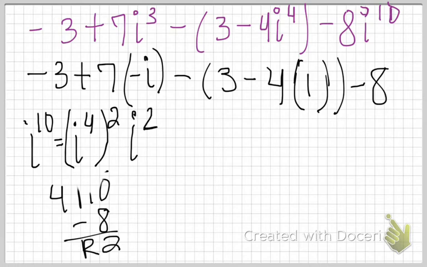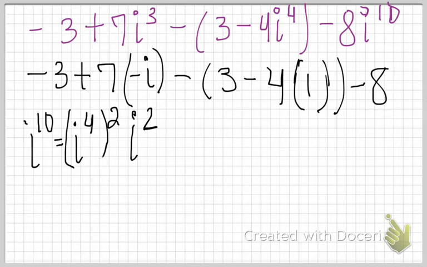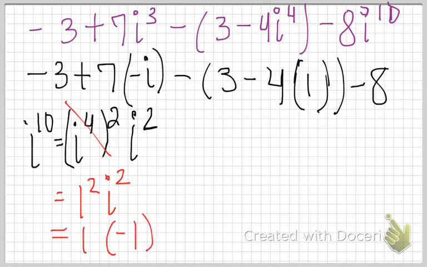Remember, we like working with i to the 4th because that equals 1, and I can cancel that out. So this becomes 1 squared times i squared. And 1 squared equals 1. i squared is negative 1. So i to the 10th equals negative 1. And I replace that.